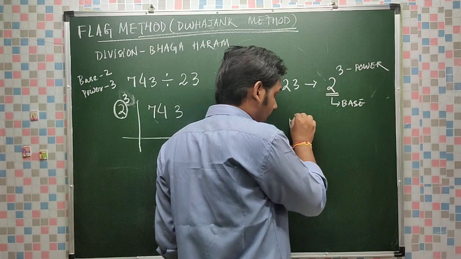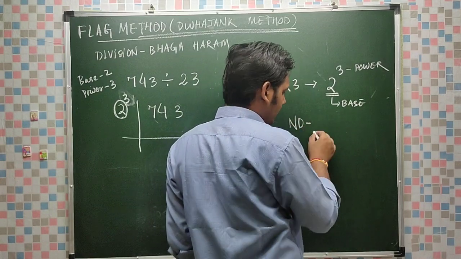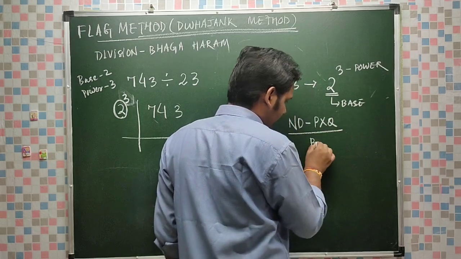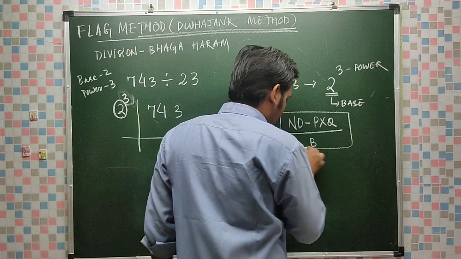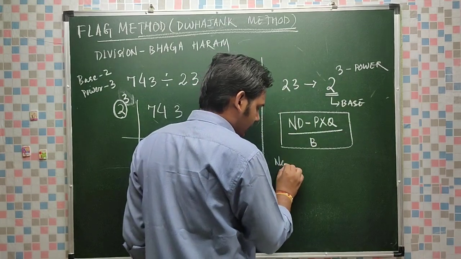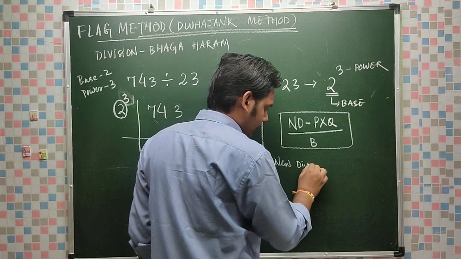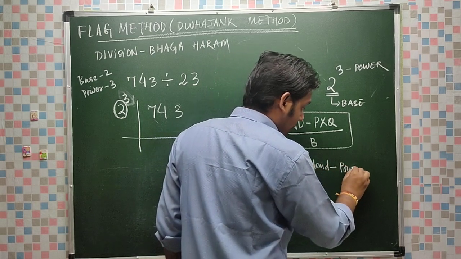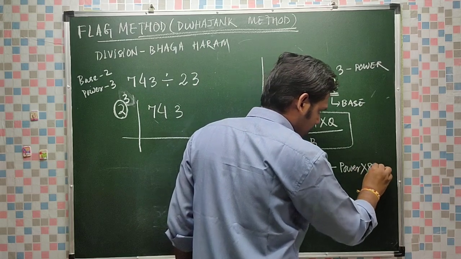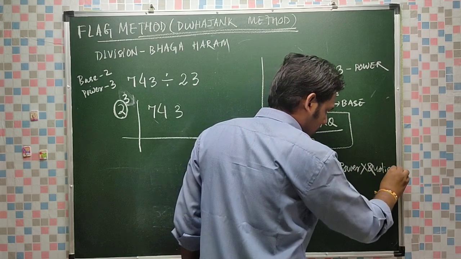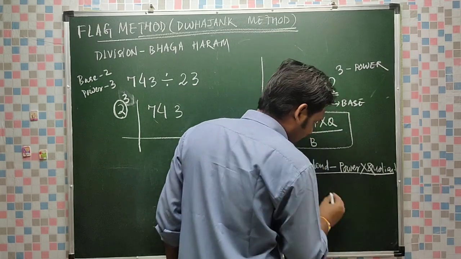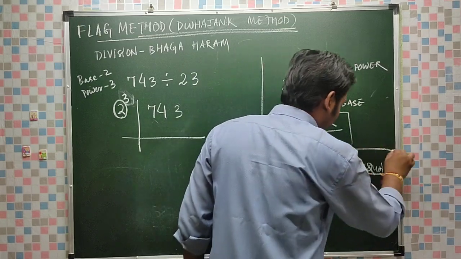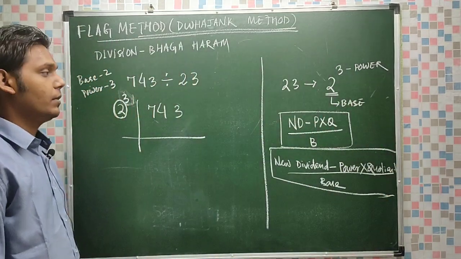That formula is: new dividend minus power into quotient, by base. This formula you have to keep in mind in order to solve any kind of number.